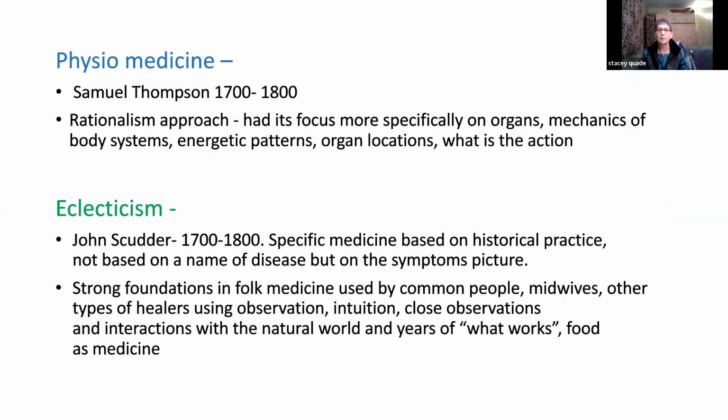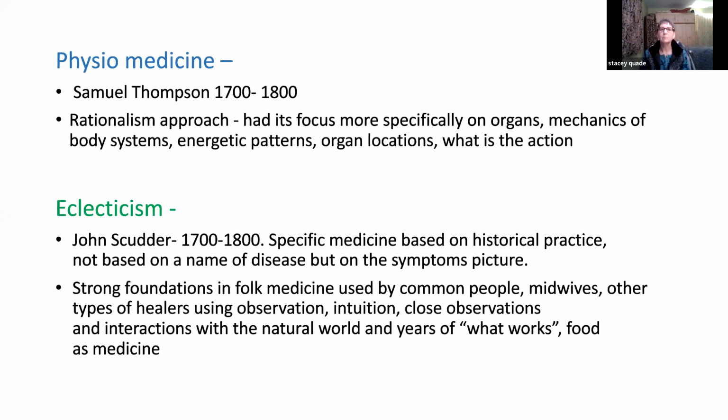Physiomedicine came down from the lineage of Samuel Thompson, and it was more of a rationalistic approach. It looked at the organ systems, the body mechanics, what the action is, what is going on in the organ, and what is happening with that whole system pattern. Then they would decide what herbs would be best to correct that action.